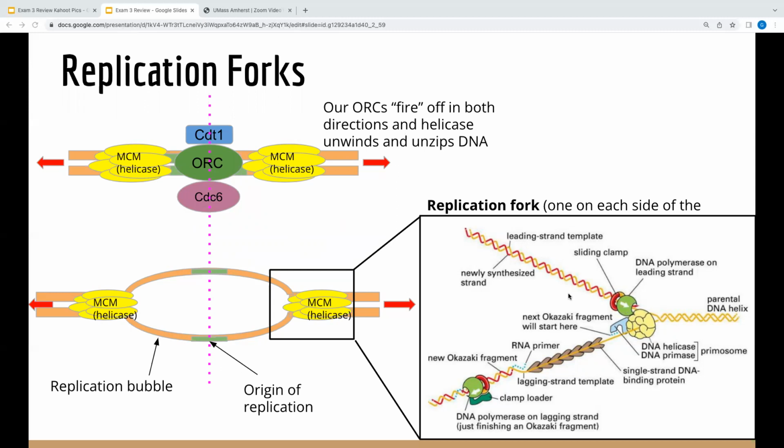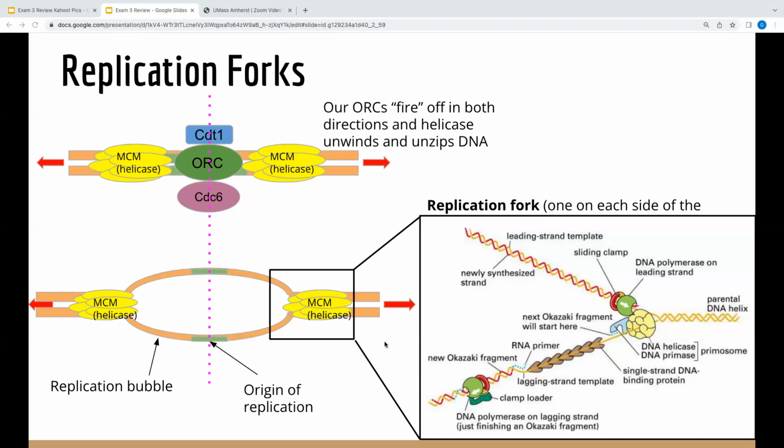And of course, first you have to have an RNA primer set down on the leading strand. And then after you have the RNA primer put down, that's when DNA polymerase can start adding DNA nucleotides to that, because it needs a place to start. And then afterwards, the RNA pieces will get replaced by DNA fragments.